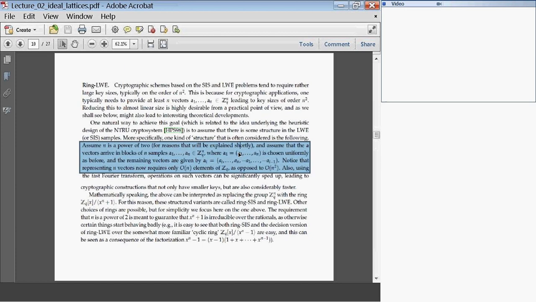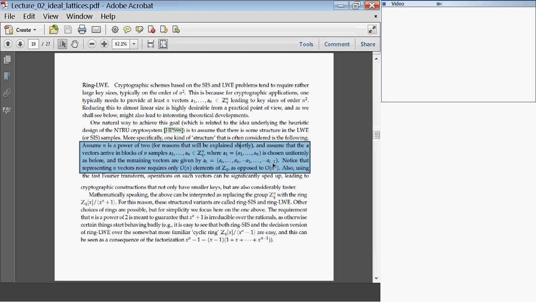And the reasoning behind ideal lattices is, what if we get a certain vector initially? So in this vector A1 to AN, we generate all other vectors using the same components with virtually just a cyclic shift of components.